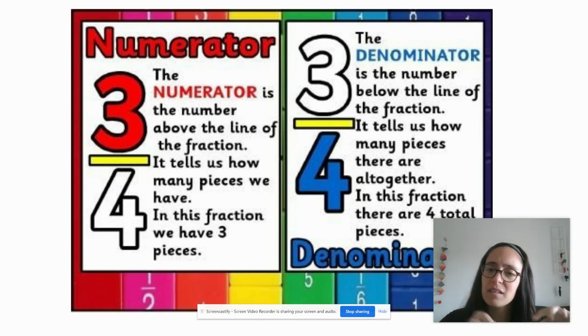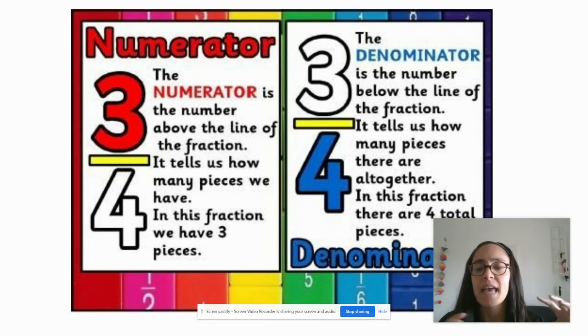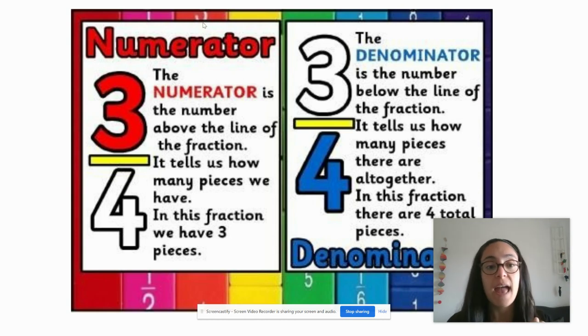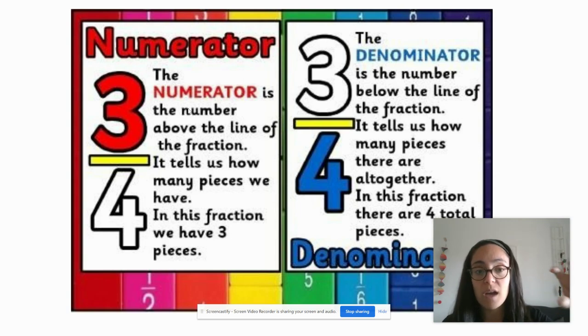I always think of the lower end of my house or my apartment, and I think of the bottom of a number. So that tells me the denominator tells me the total number. So I can't have any more than there are on the denominator. And the numerator tells me the amount of pieces that I have.